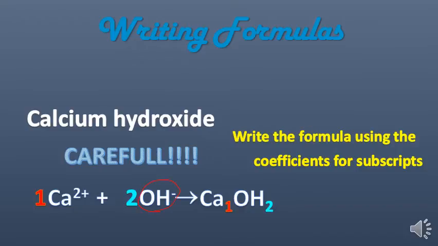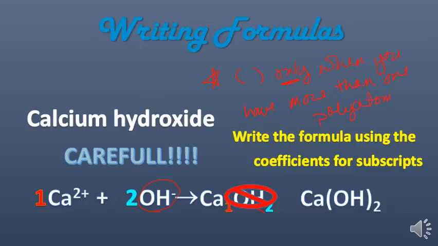You're showing me 2 hydrogens, and that's a problem. Can't do that. You need to use parentheses. So make yourself a note. Parentheses are used only when you have more than one polyatomic.